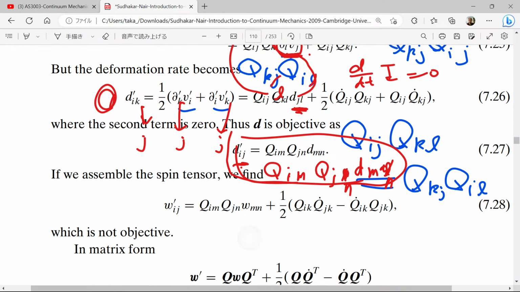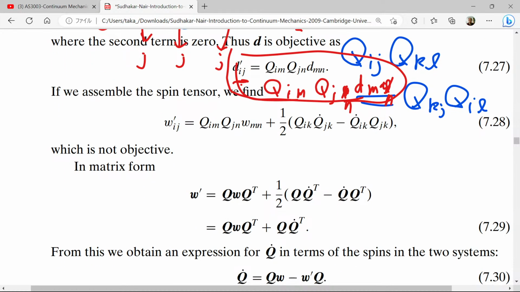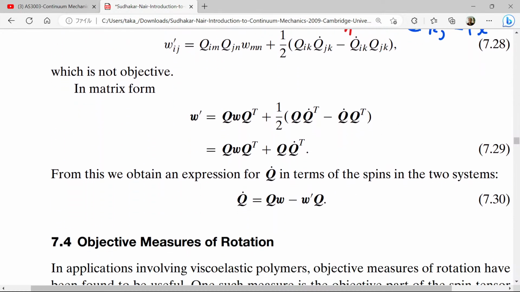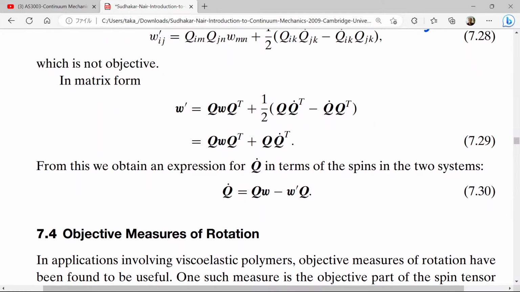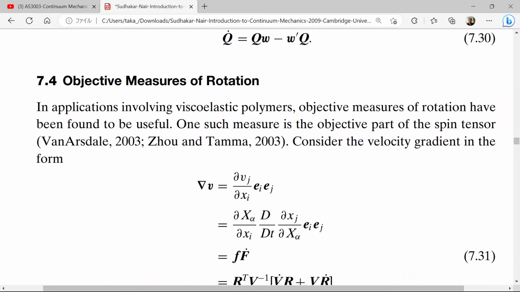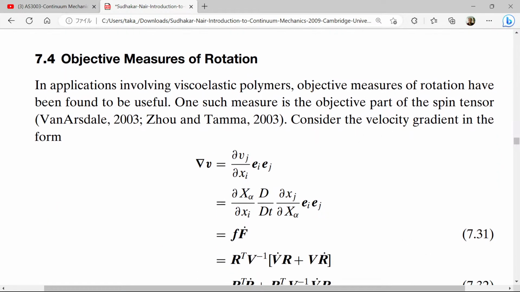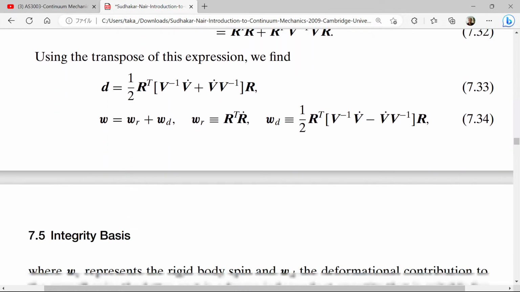We assemble the spin tensor and find something like this. I think we skip the spin part. I think I cannot handle this much. So I skip the spin tensor, then we go to the objective measure of rotation. Oh my god.